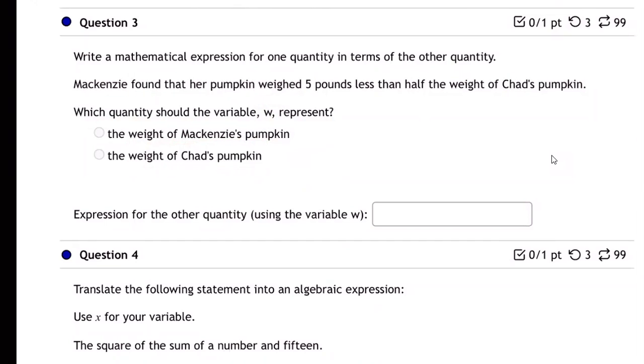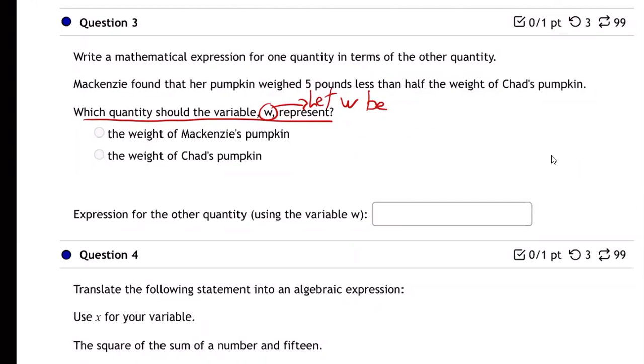So the first thing they're doing here, and then on the bottom, they're saying find the expression for the other quantity using the W or whatever letter they're giving you. So they're asking us which quantity should the variable W represent? So let W be, now what are my options?